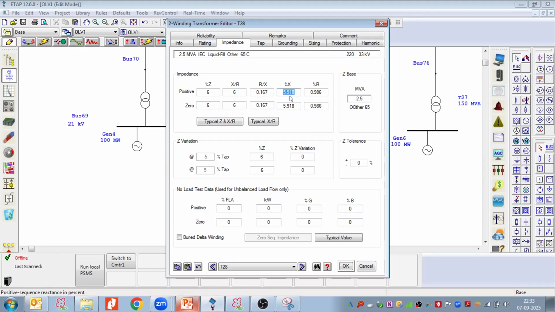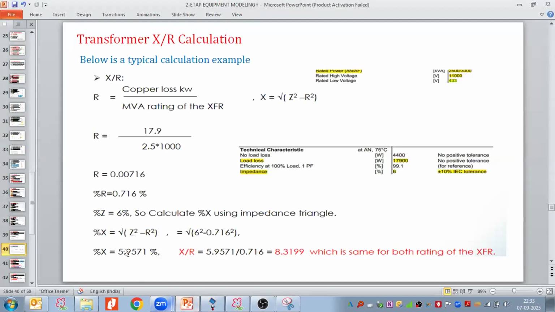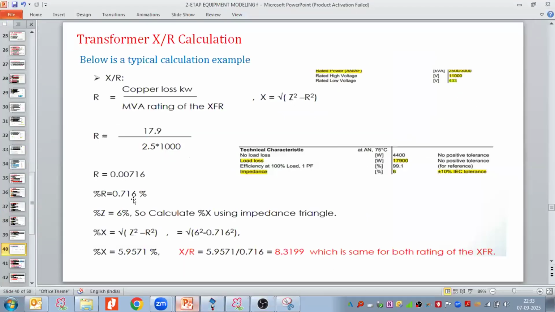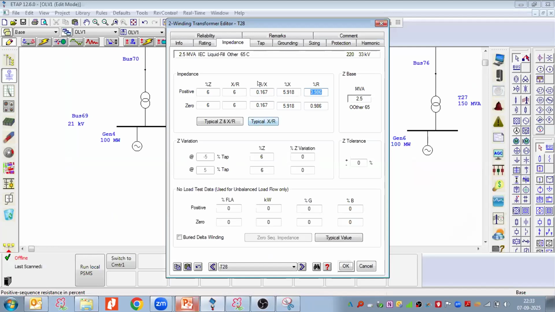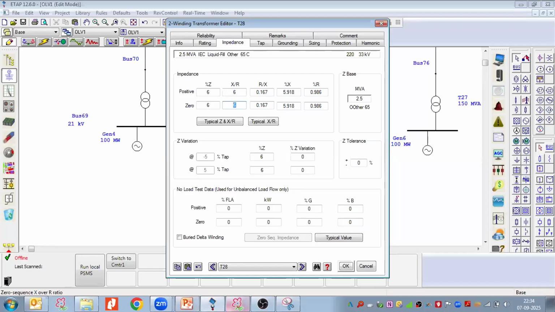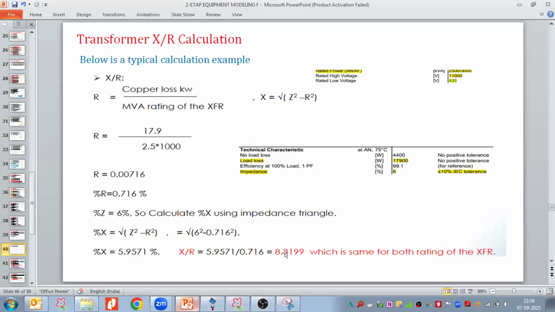Percentage X 5.918, percentage X 5.9571, and then R 0.986, R 0.716 is coming here. So accordingly X by R is again coming 6. So we need to enter here as 8 now, because it is coming 8 here. So here we have to enter 8.311.